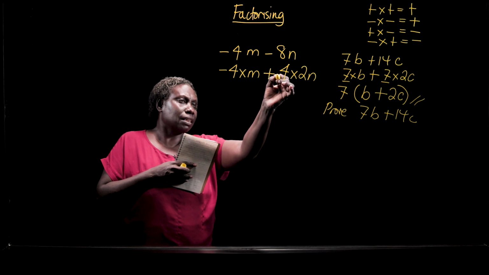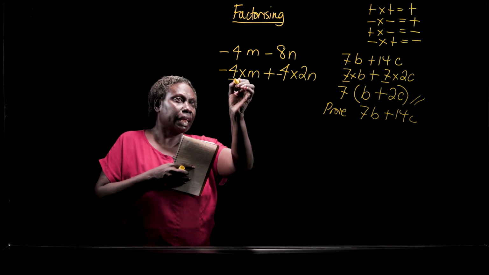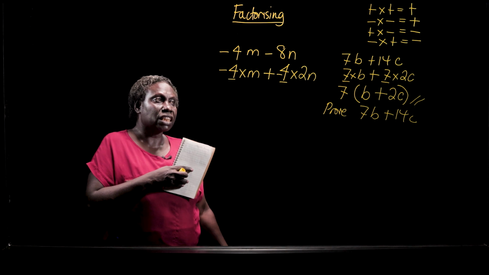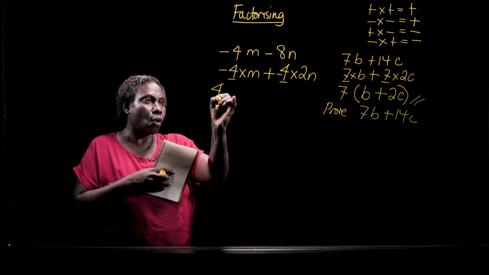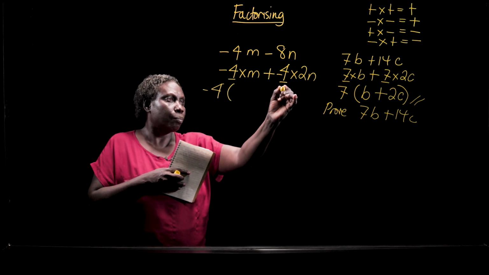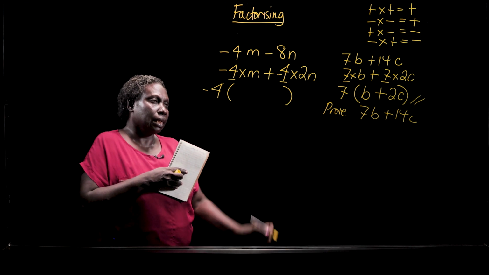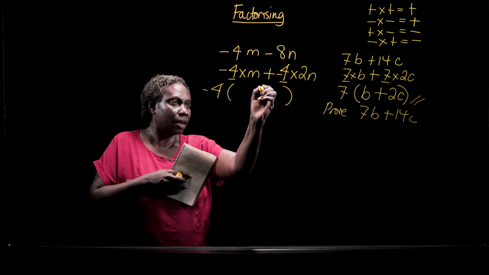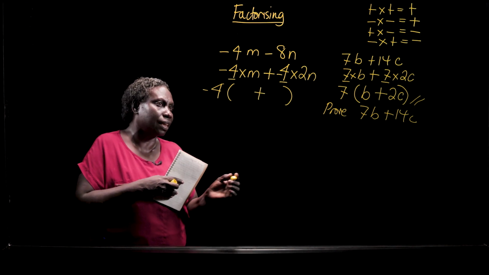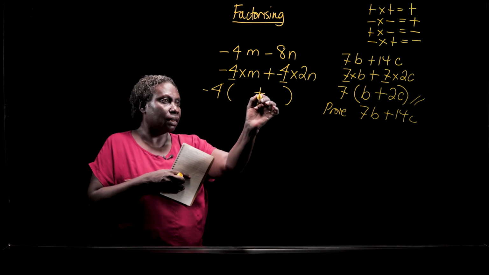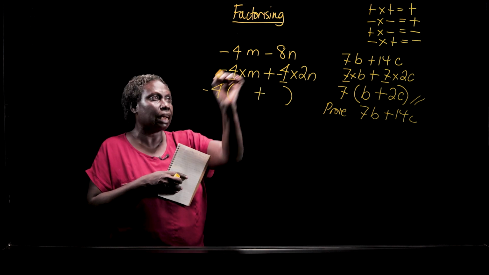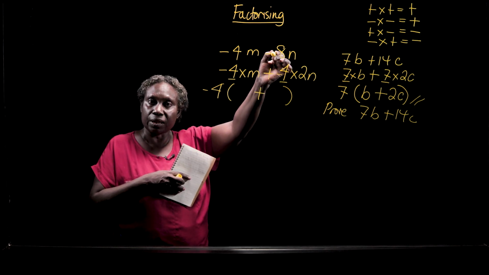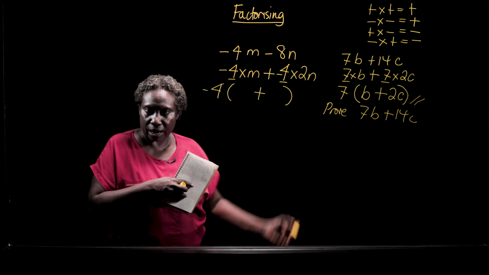When we factorize this, we can see that negative 4 is common. So, negative 4 comes outside the bracket and we see what goes into the bracket. There's a plus sign here, so we must always put that plus sign there, because we know that positive multiplied by negative will give us negative here when we expand the bracket.